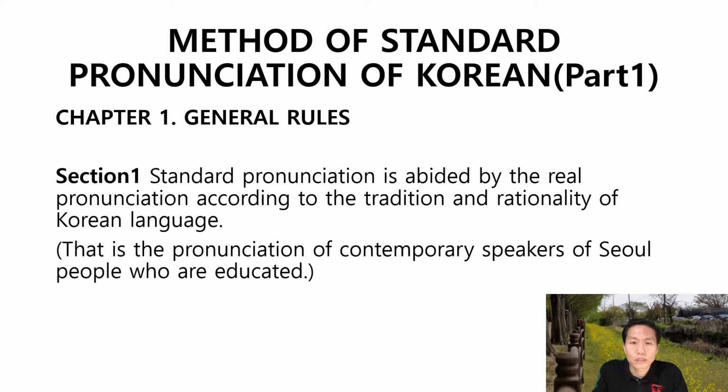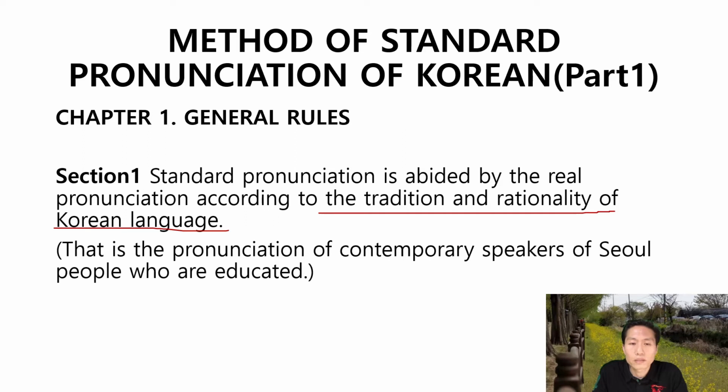Section 1. Standard pronunciation is abided by the real pronunciation according to the tradition and rationality of Korean language. When it says the tradition and rationality of Korean language, it sounds so abstract. So you can think in this way, as you can see in the parentheses.